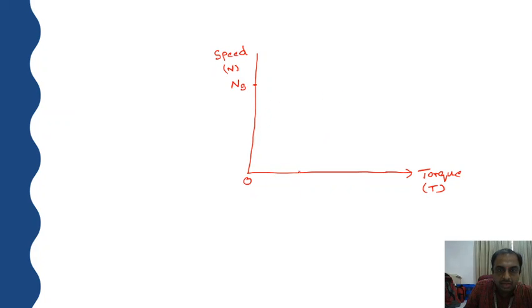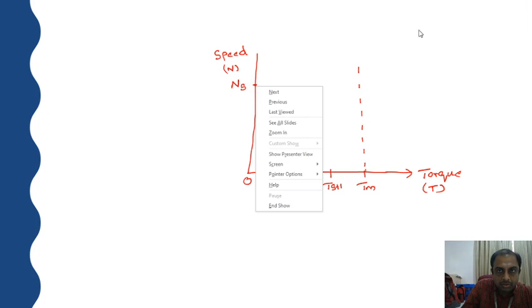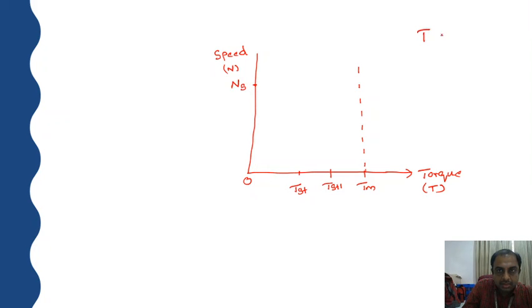Here there are three types of torques produced: starting torque and maximum torque. I mark the maximum torque with this dotted line. We know the torque is directly proportional to slip divided by R2.